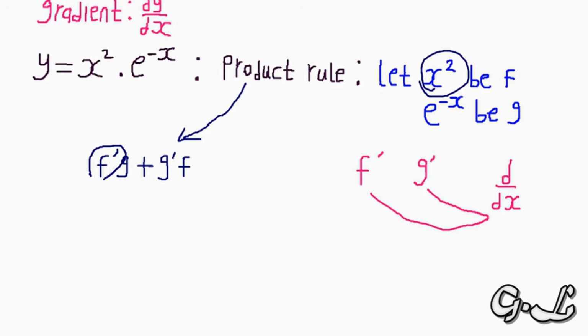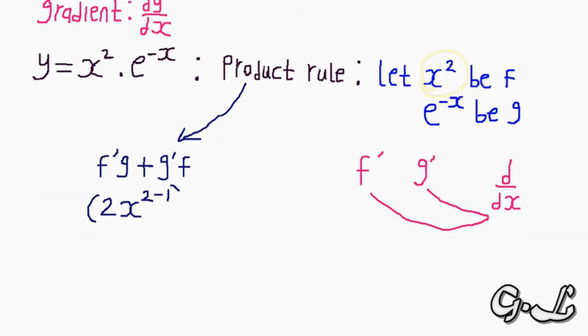So we are going to start with the first expression that we have, f prime. The expression for f is x squared, and f has the prime symbol. In calculus, when you see the prime symbol, which looks something like an apostrophe, it simply means that you need to differentiate. So we have to differentiate x squared.